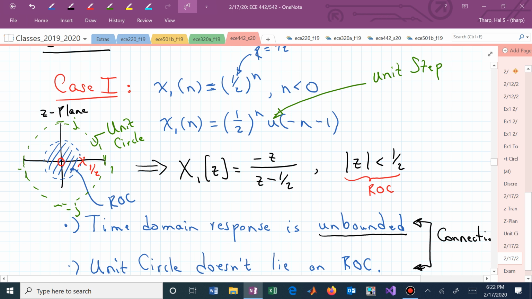So you could always start with the same transform expression, z over z minus 1/2, and give rise to two different time domain sequences. Is that clear?